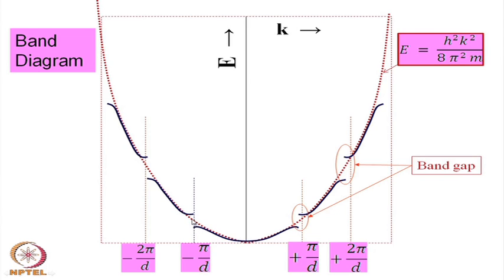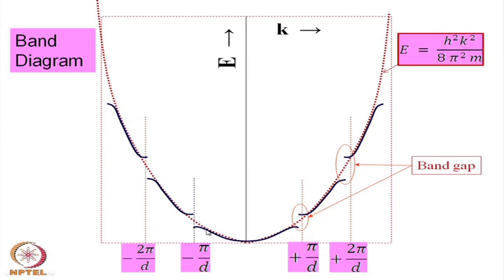So considering there is a discontinuity from this to this, if we go on changing the k value, the energy changes almost in a continuous manner, and then suddenly there is a discontinuity. So it does not follow the original path of the E versus k curve, but there are certain discontinuities. That means here the energy levels are not available.